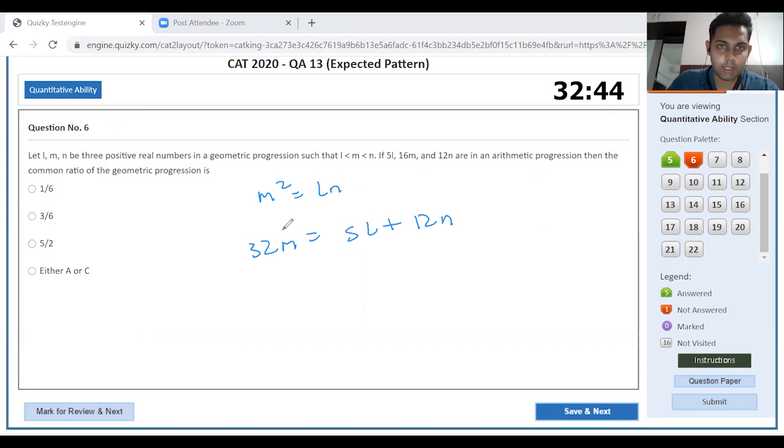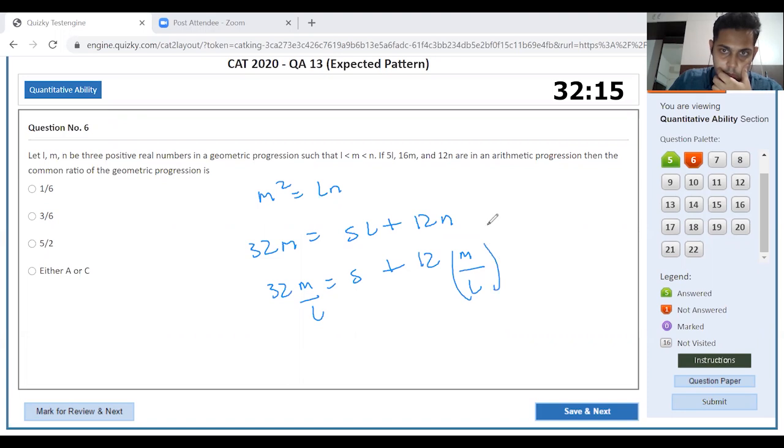So we can either do M by N or M by L. Since L is first, I'll just take L. So divided by L, 32 M by L is equal to 5 plus 12 times N by L. Okay. But N is equal to what? M square by L. So we can just change this. Since L was already down, it will be M by L the whole square, right?